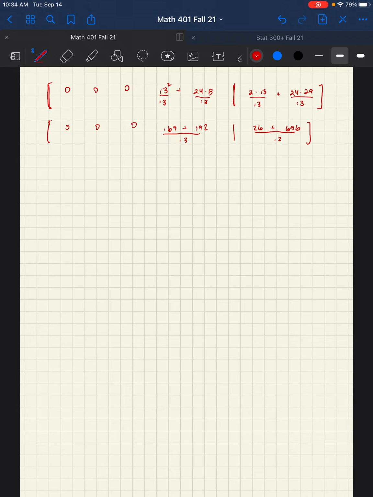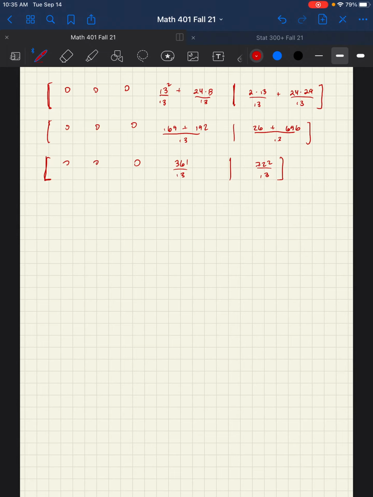Remember, we're still trying to figure out what that new row is going to have to be. So 169 plus 192 is 361 over 13. And 26 plus 696 is 722 over 13. Now we had better hope that reduces into something nice. 361 divided by 13 is not an even number.